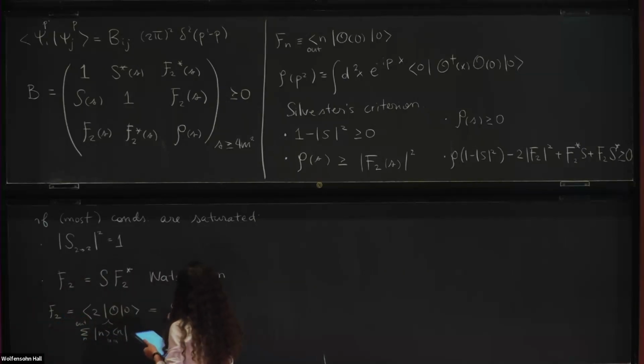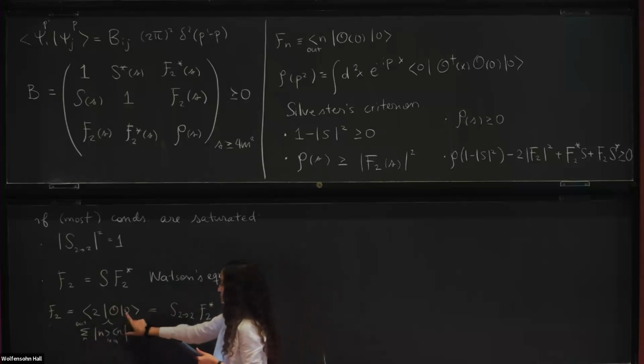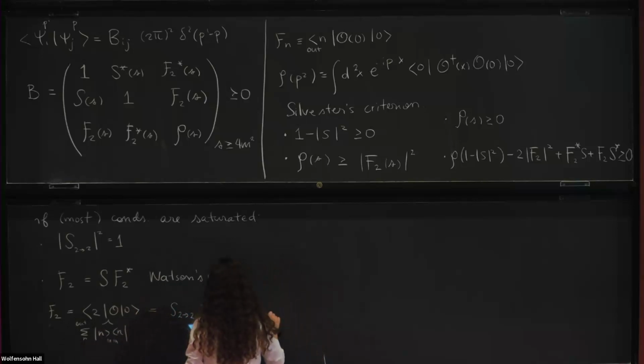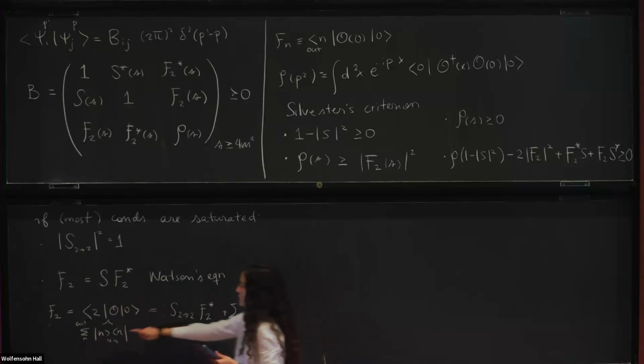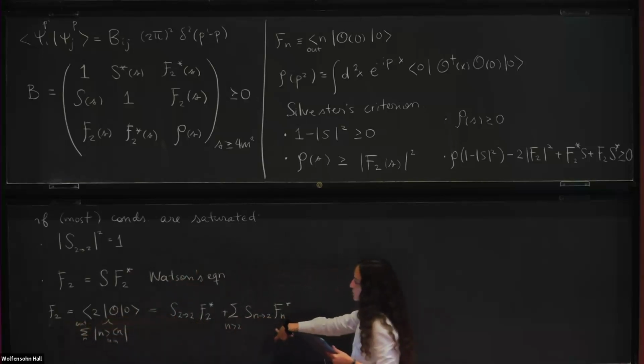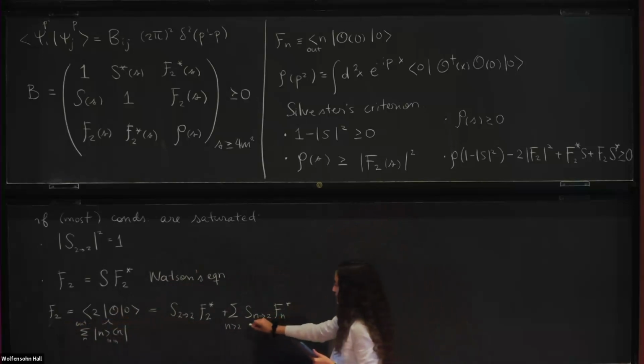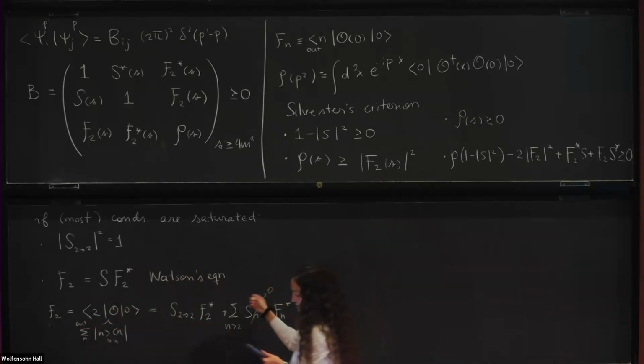Then I will get the 2 to 2 amplitude for the first term here, times the form factor complex conjugate, because I get it on the other side, plus the sum of n to 2 amplitude and the nth form factor. So I know there should be a relation like this. So when this condition is saturated, it's just sending this to 0, which makes sense.